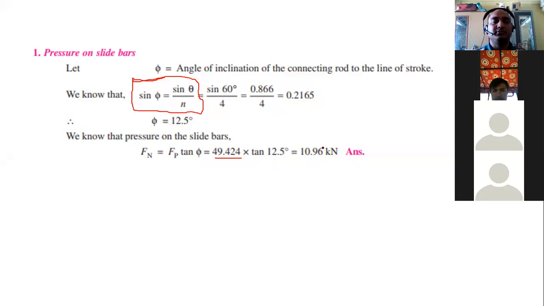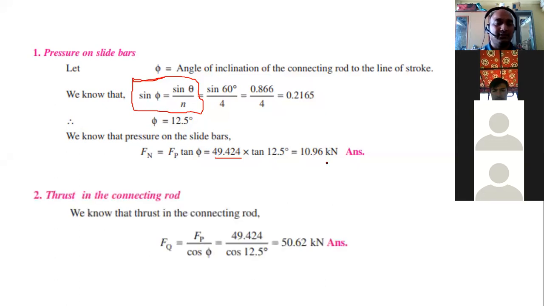Then second asked is thrust in the connecting rod, that is FQ. Yesterday I think somebody had this doubt, thrust means FT or FQ, but when it is asked to find out in the connecting rod, what does it mean? Always think of FQ in the connecting rod, because FT is not in the connecting rod.